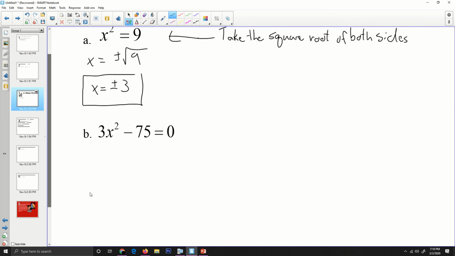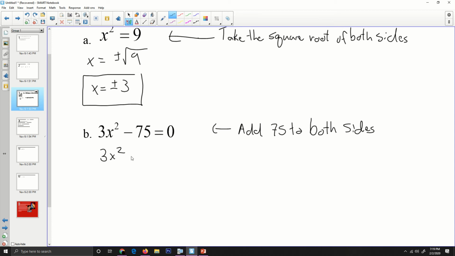For the second one, I have a little bit more work. The first thing I'm going to do here is add 75 to both sides. That'll give me 3x squared is equal to 75. Then I'm going to divide by 3, and that'll give me x squared equals 25.